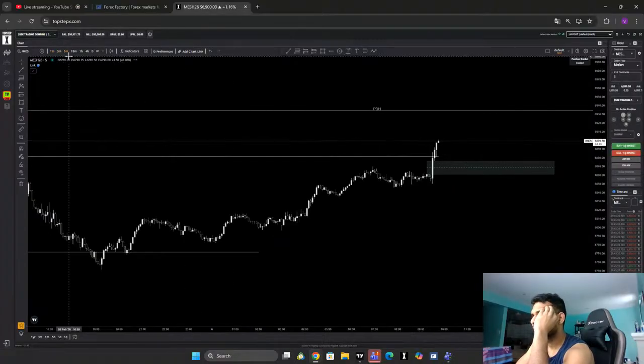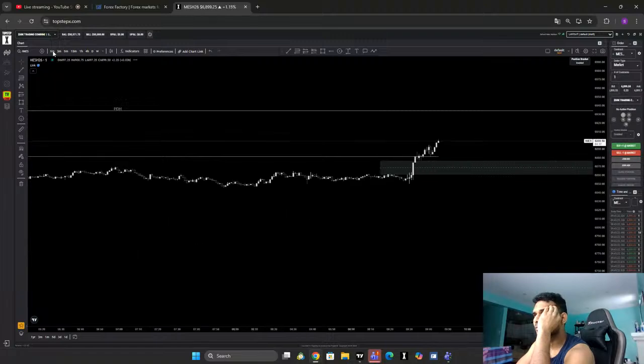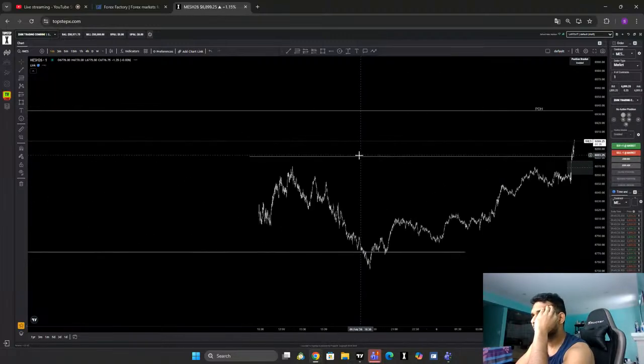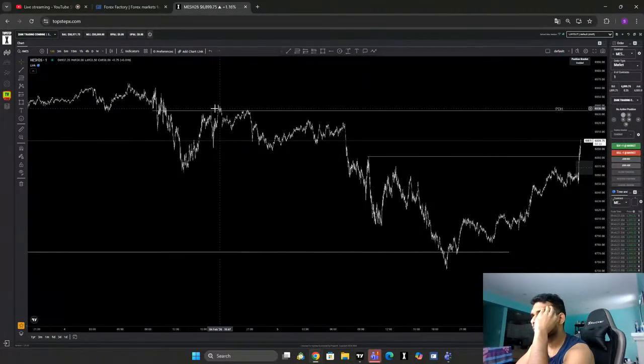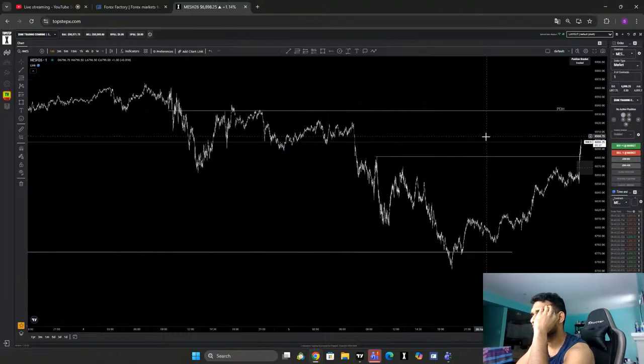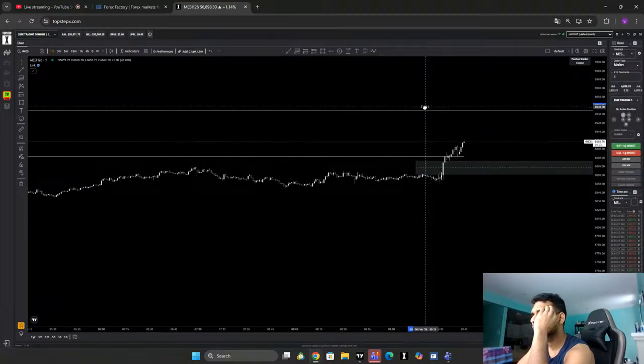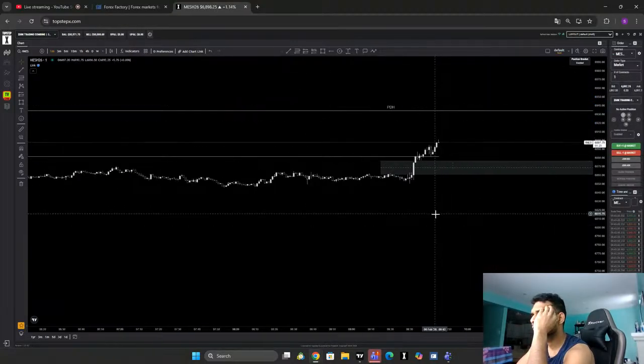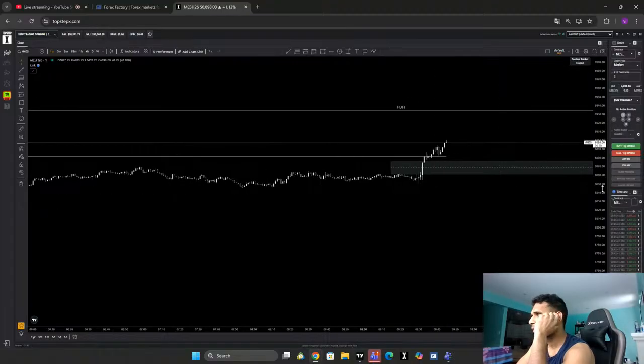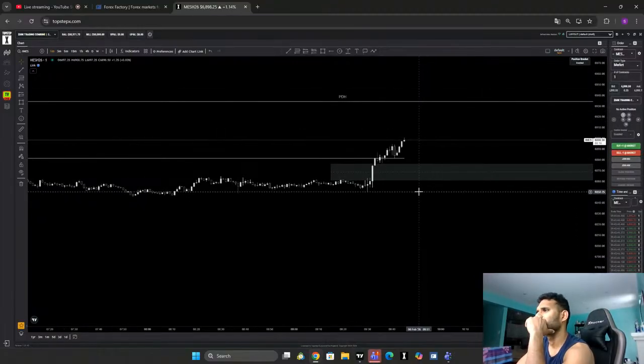I just marked the 5 minutes gap and I'm just watching the price, what's going to happen. Before this liquidity, this is the first liquidity for us. This is the second. This is the third. These are the liquidity you can target. First target should be at least the 3 high grade.